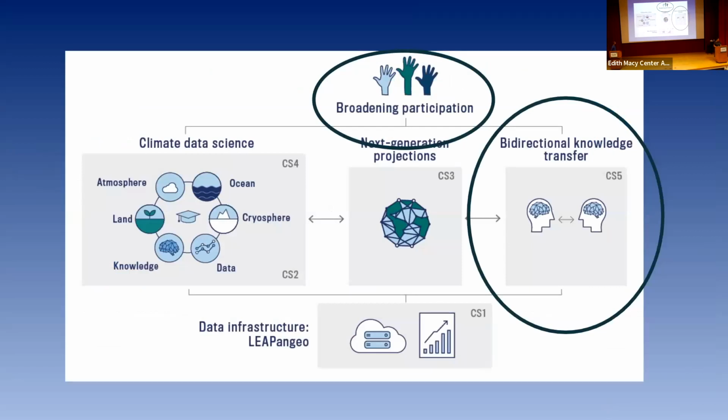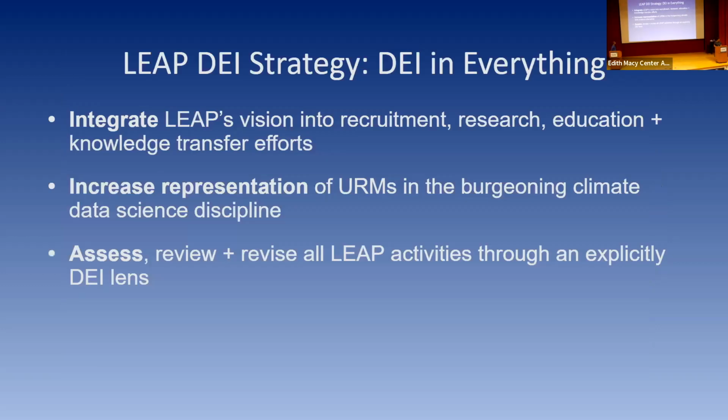So we're in the broadening participation, knowledge transfer space. As I indicated in my remarks about knowledge transfer, education, and DEI all intersect. We're really thinking about DEI as being integrated throughout the work of LEAP, not as a separate entity that does DEI stuff on the side. So it's really important for us to think about LEAP's vision in relation to DEI, related to recruitment, research, education, and knowledge transfer.